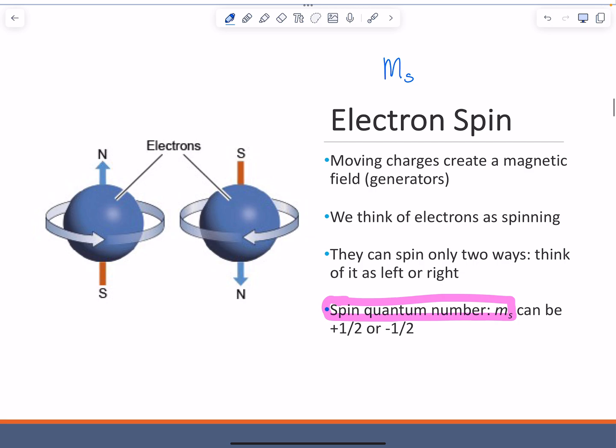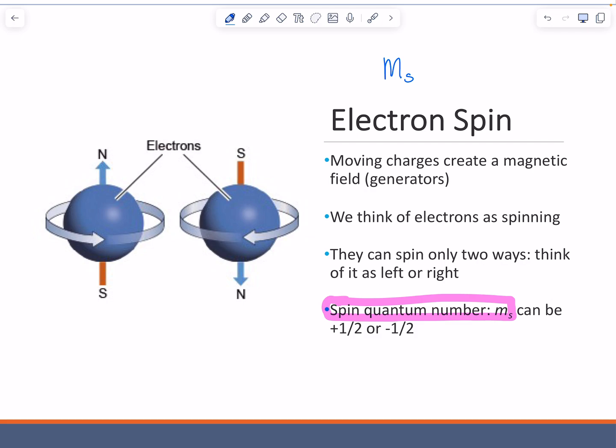So we've got the magnetic quantum number and then the spin quantum number. Ironically, the spin quantum number is responsible for materials being magnetic or not, so the magnetic quantum number does not have to do with magnetism. So what do we mean when we talk about electron spin?